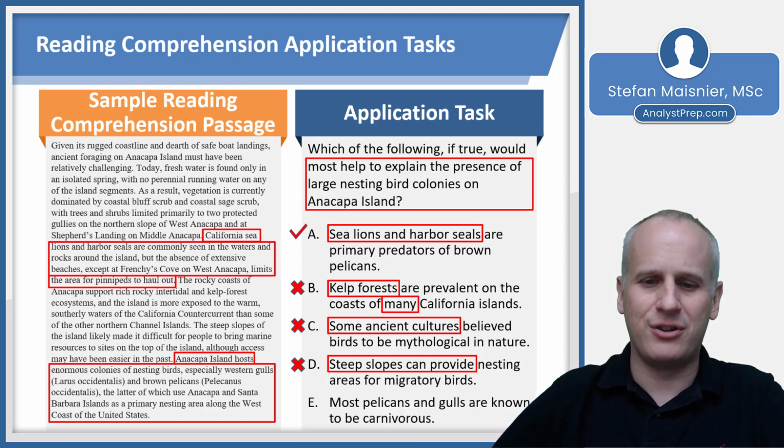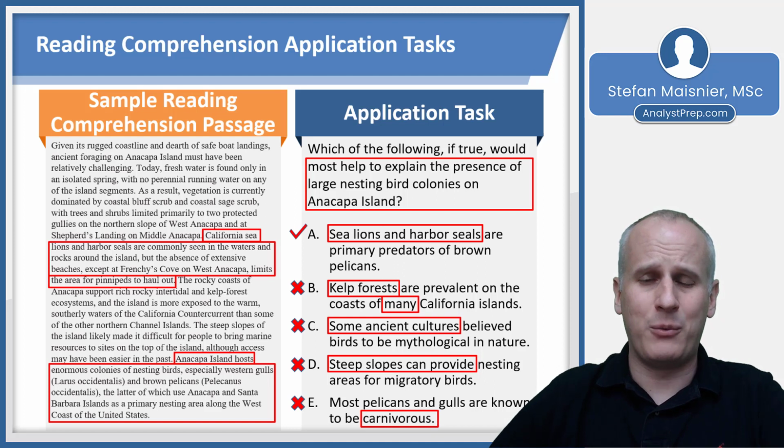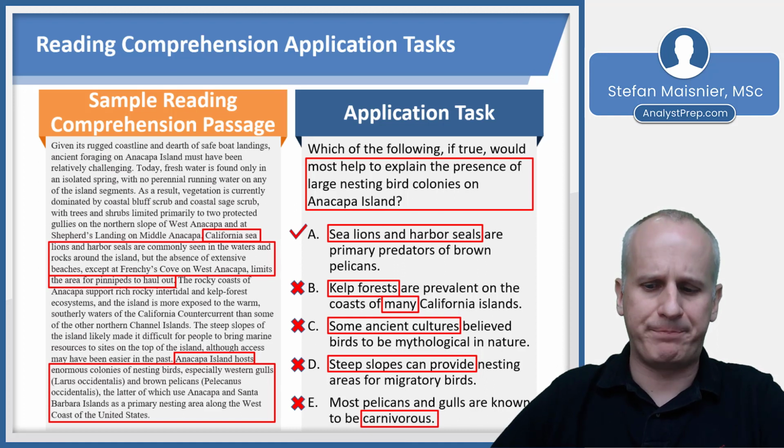That will require additional information, so we can eliminate choice D. And then, most pelicans and gulls are known to be carnivorous. Well, this just introduces an entirely new variable that we need additional information to parse. So that allows us to select choice A, understanding that you may have to go find that specific information for something that may have seemed irrelevant at the outset.